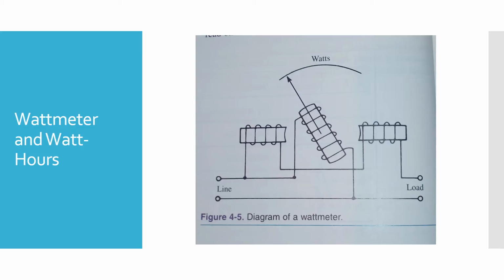The coils of the electromagnet are connected in series with the circuit under measurement. The action between the two magnetic fields is proportional to the product of the voltage and the current. The deflection of the indicating needle is read on a calibrated scale in watts. Figure shown on the screen, diagram of a wattmeter.